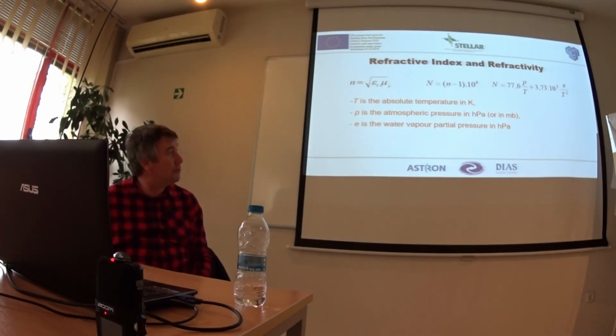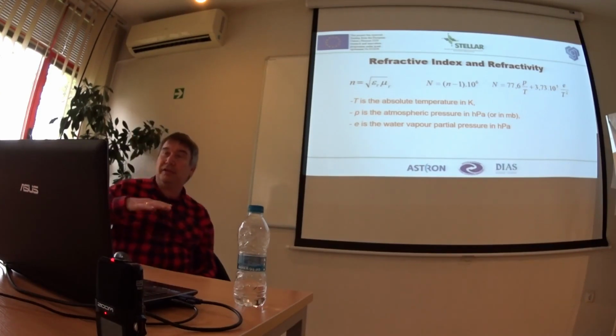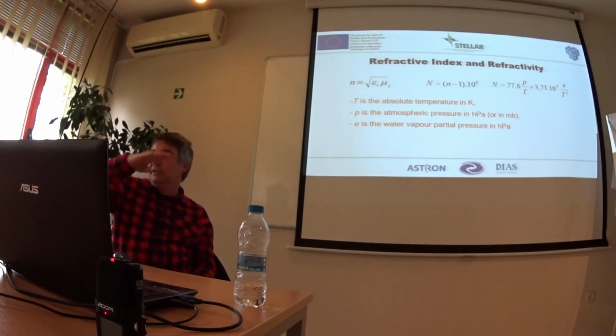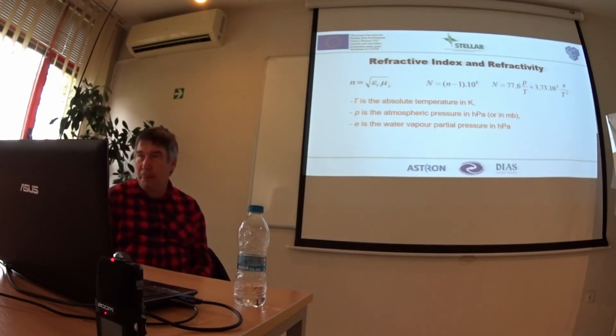as you could see from the relation on the right side of the screen, depends on P, that is atmospheric pressure, on absolute temperature, T, and also on water vapor partial pressure. And these three parameters vary with the height in the troposphere.